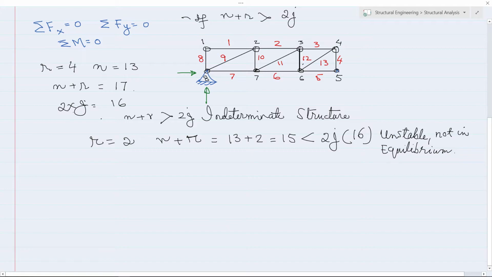There are special cases where it will not be in static equilibrium, but still it will be in equilibrium. So we are not discussing that issue. We are only discussing static equilibrium cases.